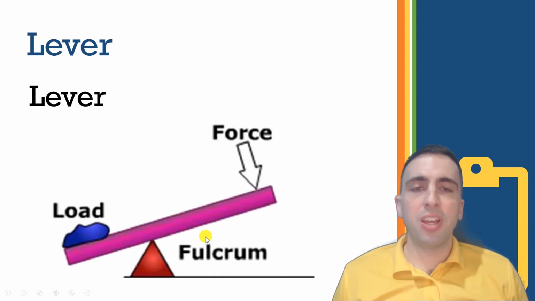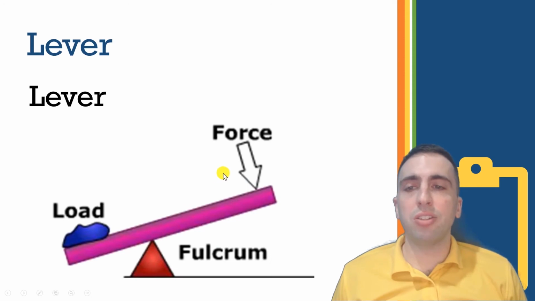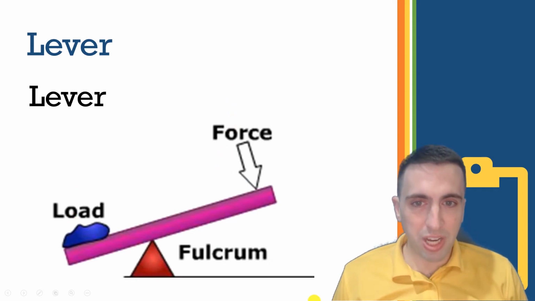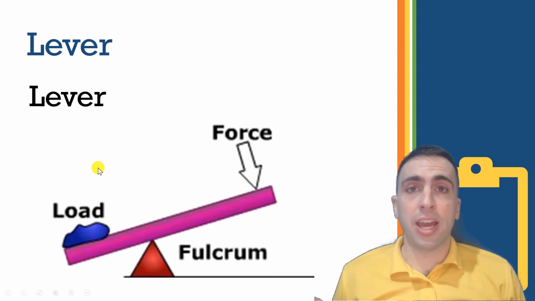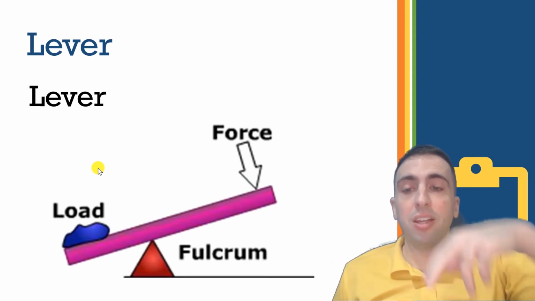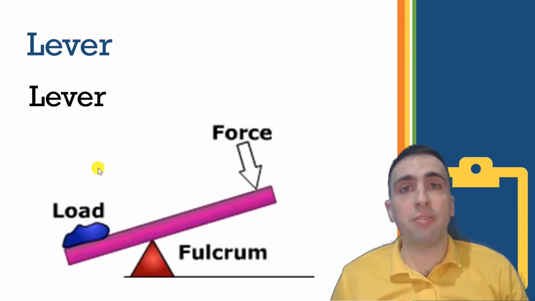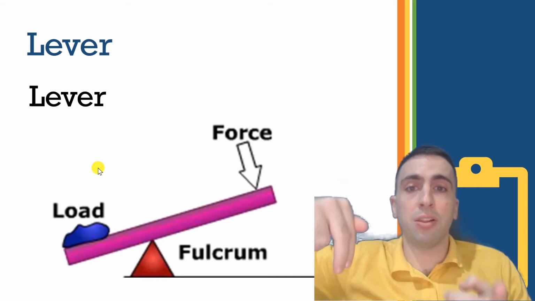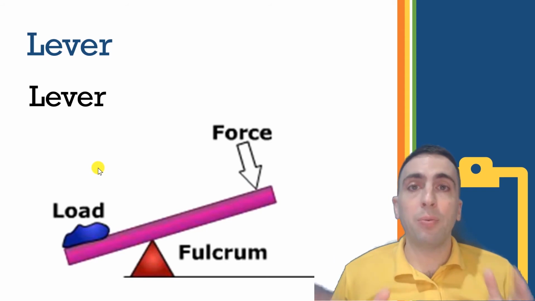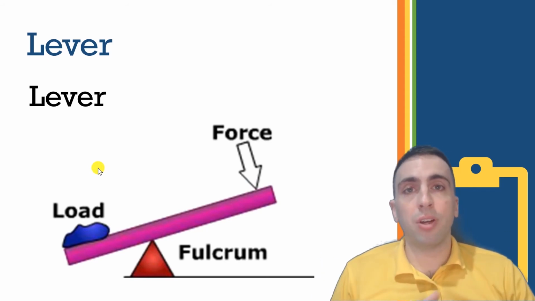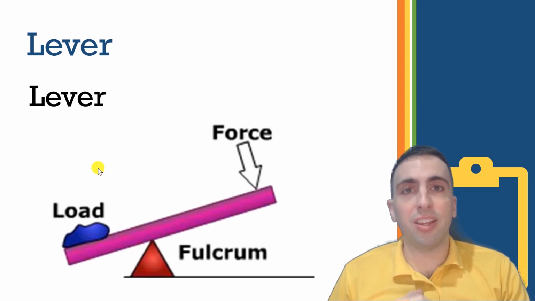No fulcrum, then you cannot change the direction of the force. If we want to push down, the load of the lever will go up. Remember in our last video, the man stood on the lever and he lifted up a car. Wow. We can use a lever to lift heavy things.